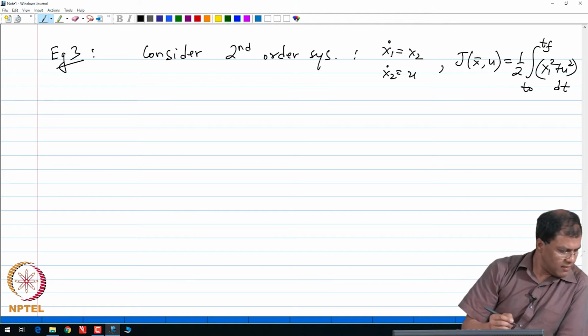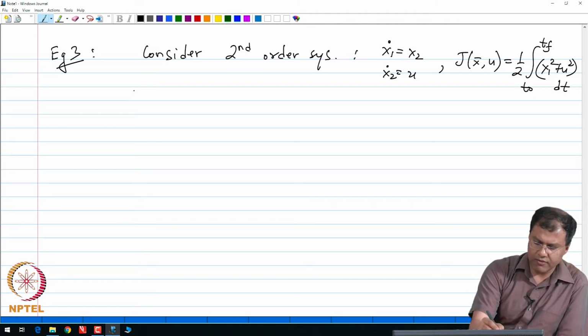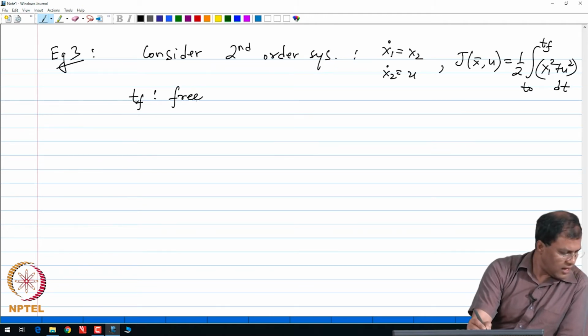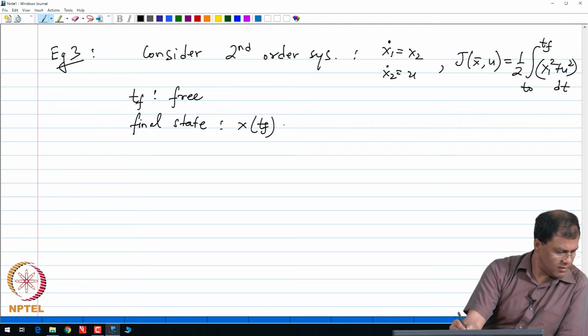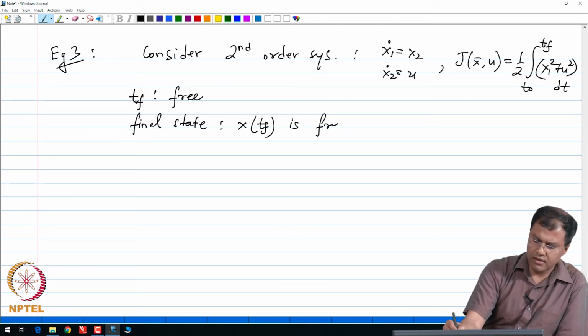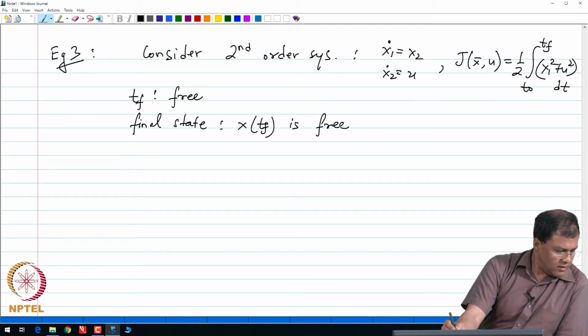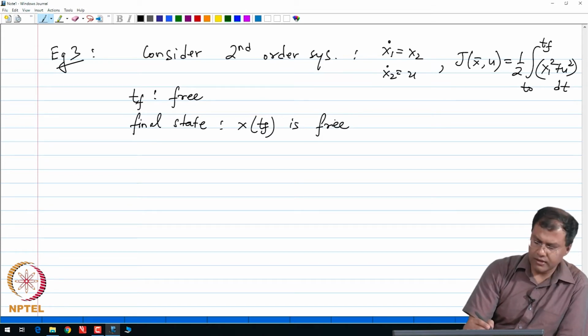And further it is given that the final point T f is free and the final state x of T f is also free, and the control u t is constrained.